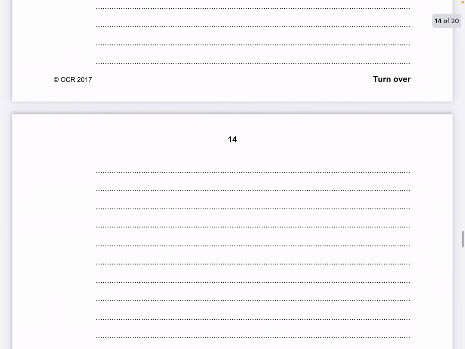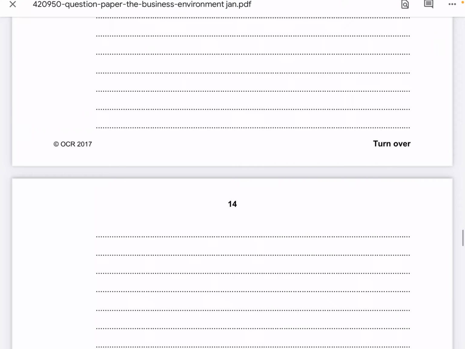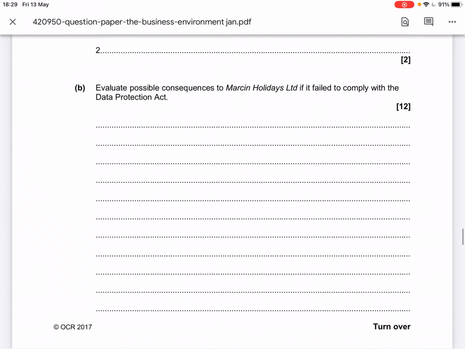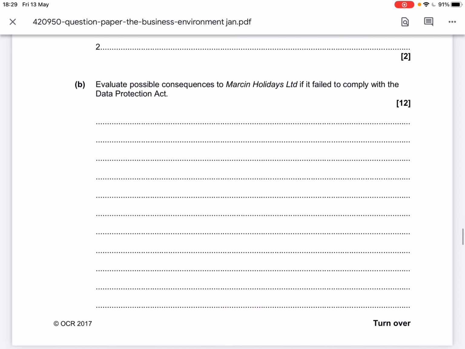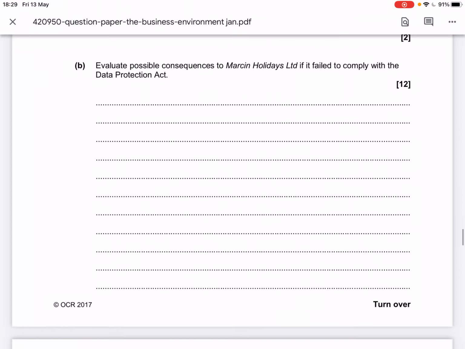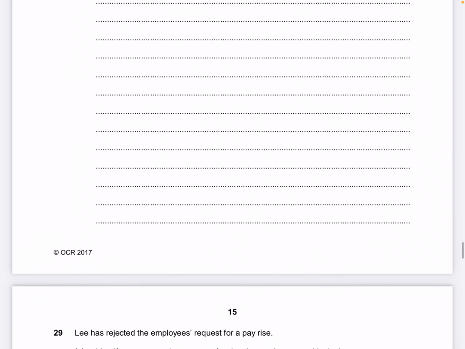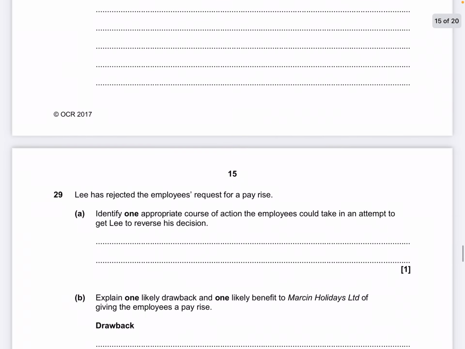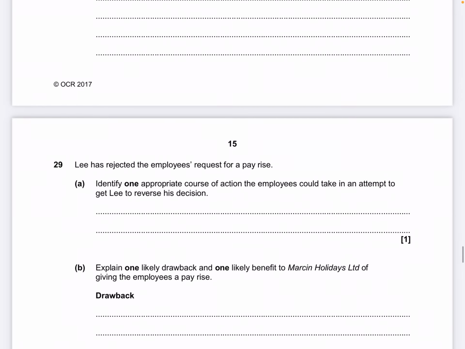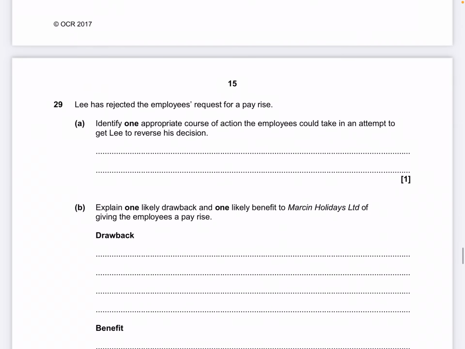And within that evaluation, you're going to basically say which one you think is the biggest consequence in this question for them failing to comply with the Data Protection Act. So out of your 2 points, you're picking your best point and moving forward with that conclusion. But as I say, look at the 12-mark video for more detail on how to do that.